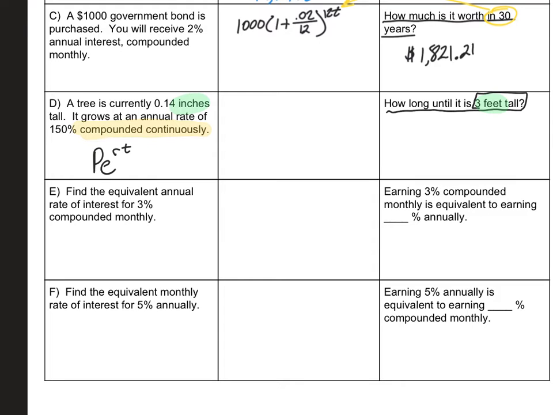So what I like to do personally is I like to get rid of the transition right away. So what I'm going to do is convert 0.14 inches into feet. Well, since there are 12 inches in a foot, I will have to divide this by 12 to figure out how long that 0.14 inches is in feet.